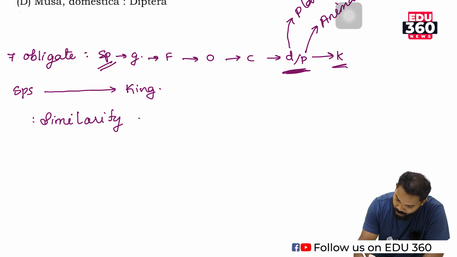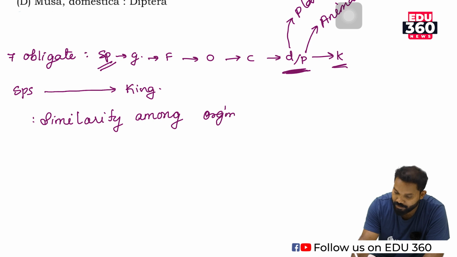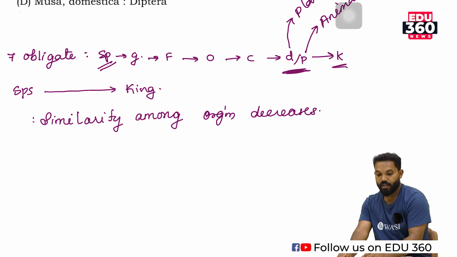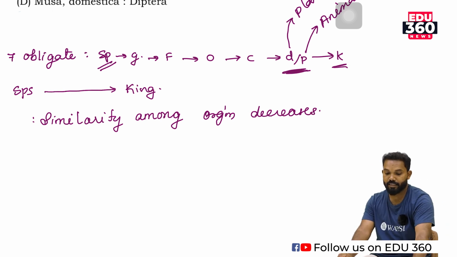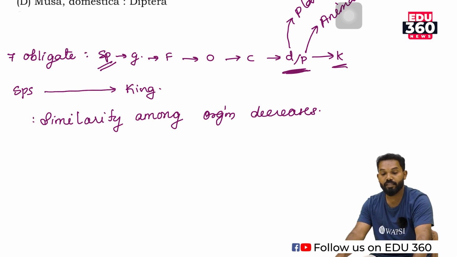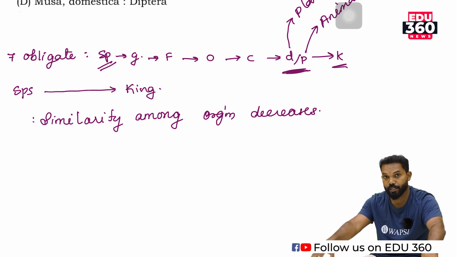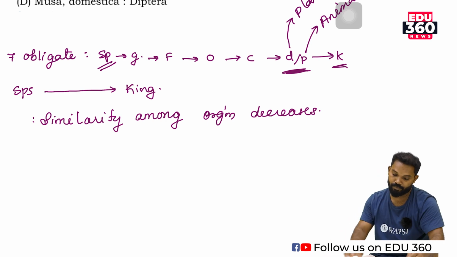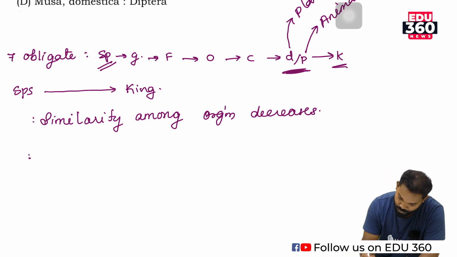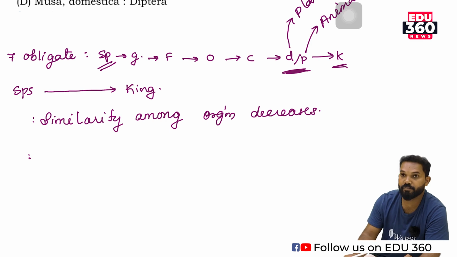From species to kingdom, does the similarity among organisms in that group increase or decrease? It decreases. A group of species has more similarity compared to a kingdom category.